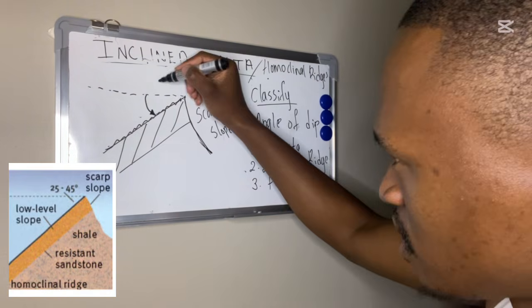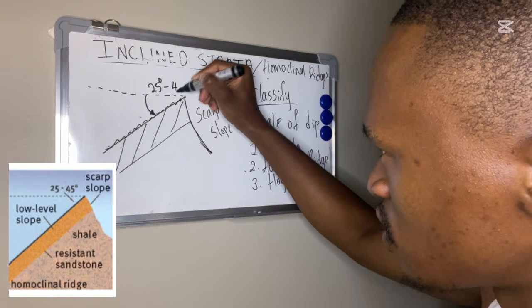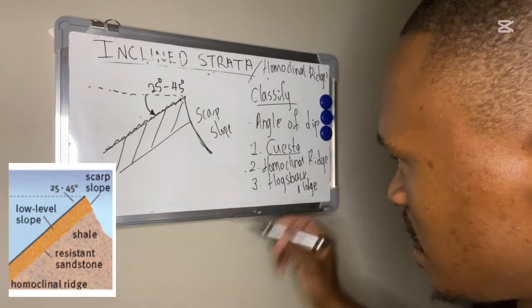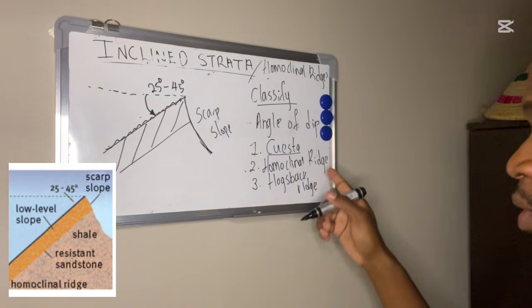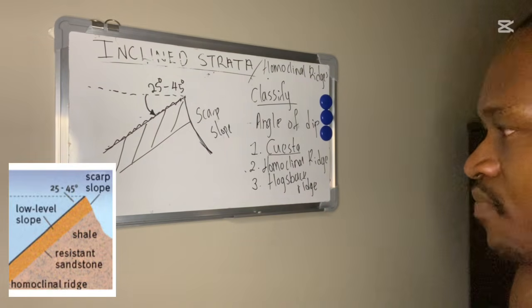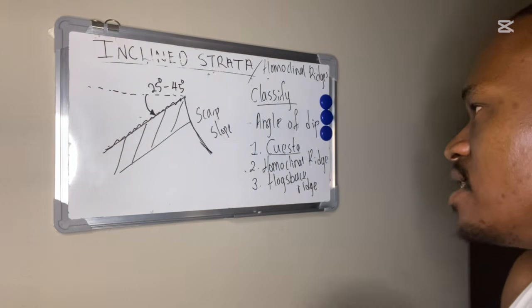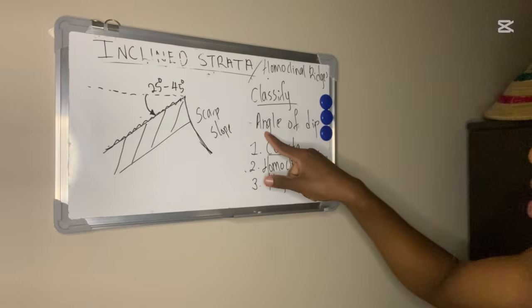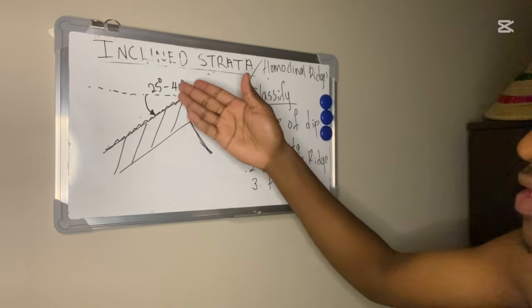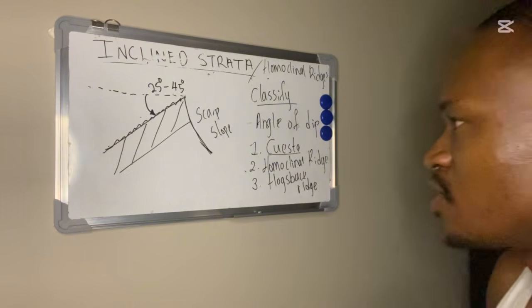Now if the angle is between 25 degrees to 45 degrees, then it's the second one. It is a homoclinal ridge. 25 degrees to 45 degrees is my homoclinal ridge. Remember I told you we classify them according to angle. Now I know if I have 25 to 45, it is a homoclinal ridge.